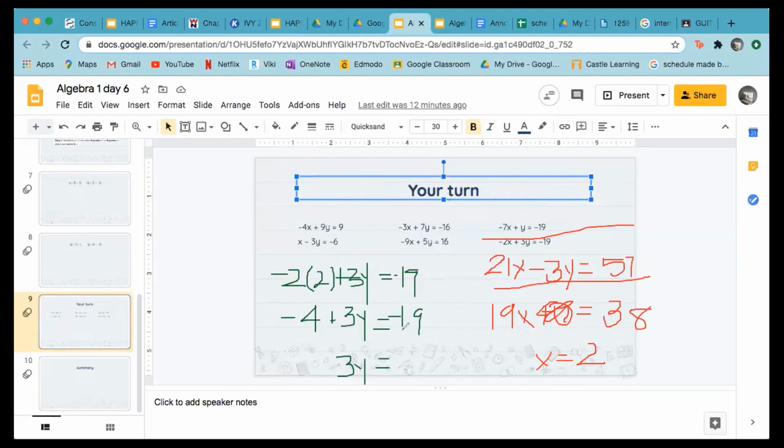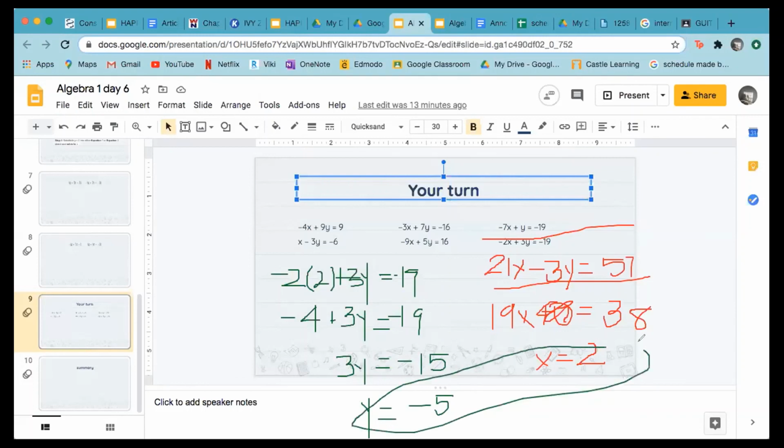Negative 19 plus 4, like you said before. Okay. Negative 15. Okay, and then what do you do next to get y? You divide. And then you get negative 5. Look, you found both.